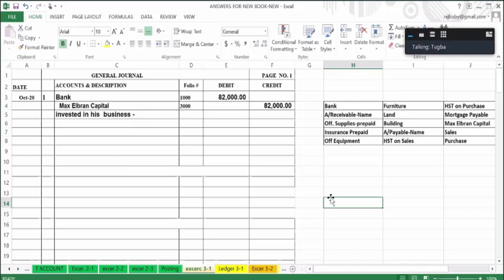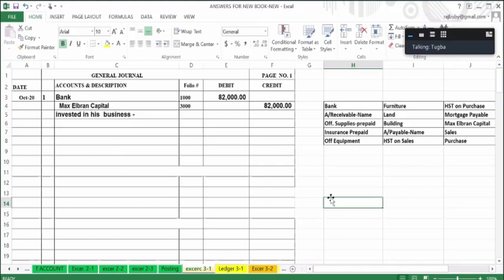L-Brand company uses the following accounts: bank, accounts receivable, prepaid insurance, prepaid equipment, furniture, land, building, accounts payable, tax on sales, tax on purchase, mortgage payable, Max Elbrand capital, sales, purchase, rent expenses, salaries expenses, advertising, and telephone expenses.